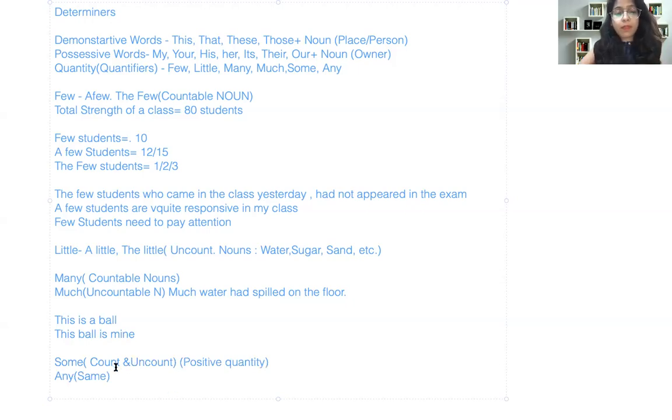So some people are looking at the newly launched vehicle. And any is mostly used with negatives. There isn't any water in the bottle. Also, it is used for questions. So this is how you can use some and any, and all the other quantifiers like many, much, little, few in determiners.